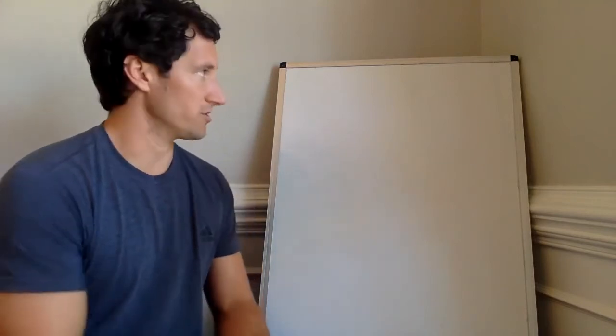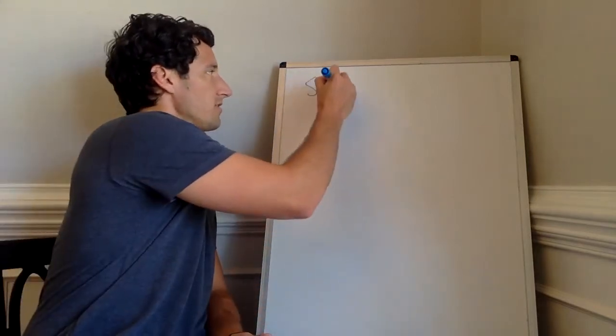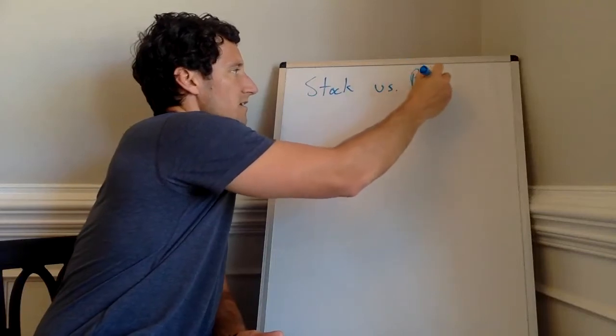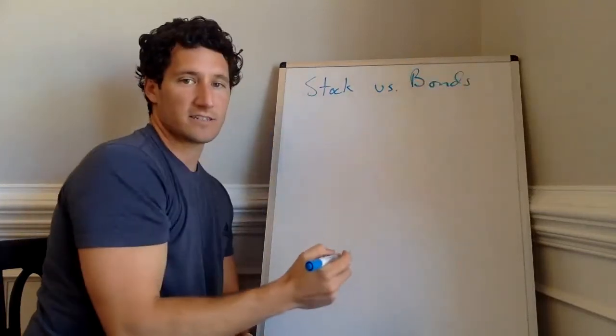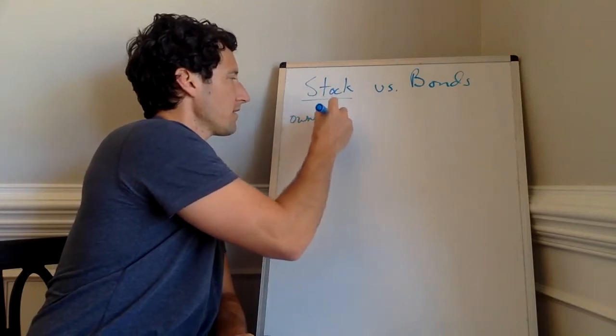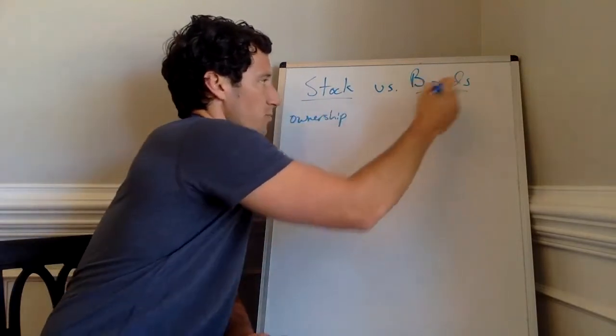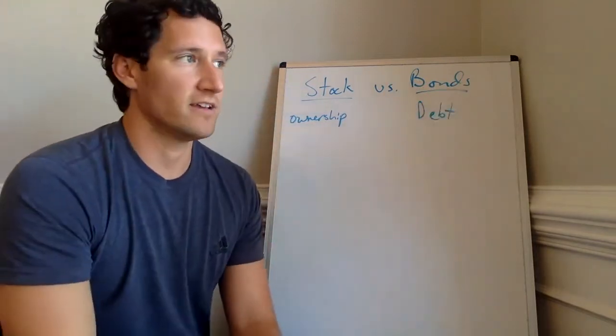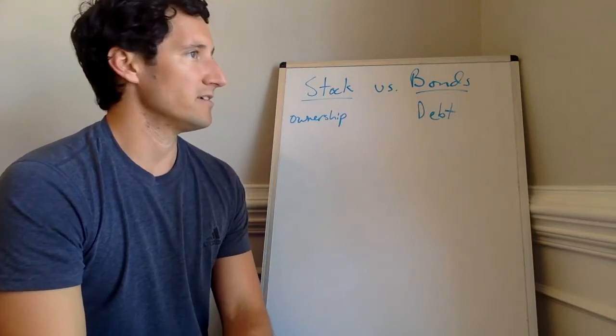We're talking about ownership. So remember the difference between stock and bonds. Stock is equity, it's ownership, whereas bonds is debt. It's a requirement to repay. You have to repay this amount.